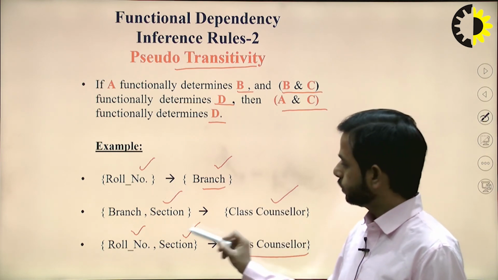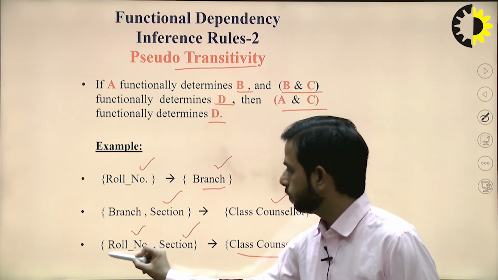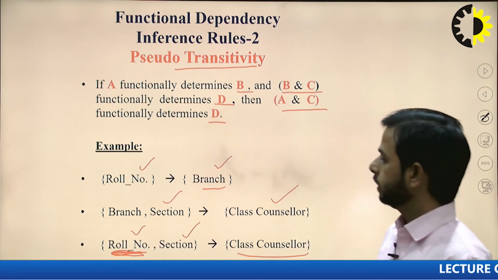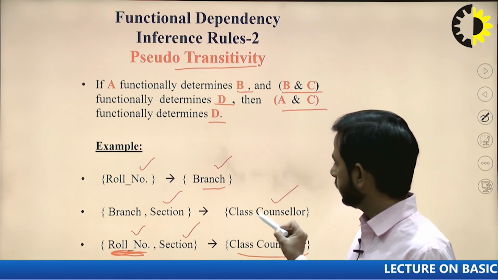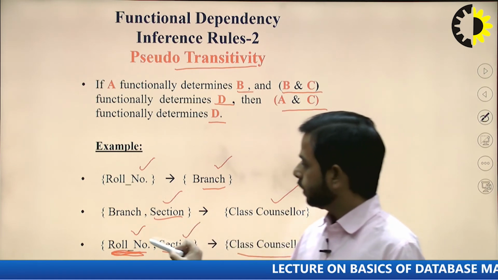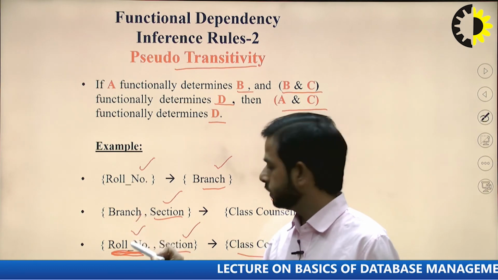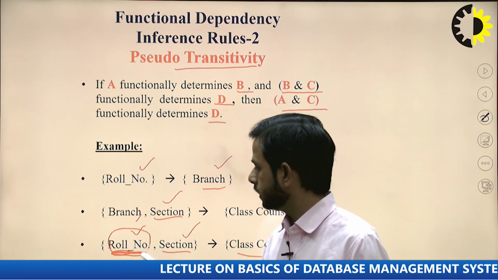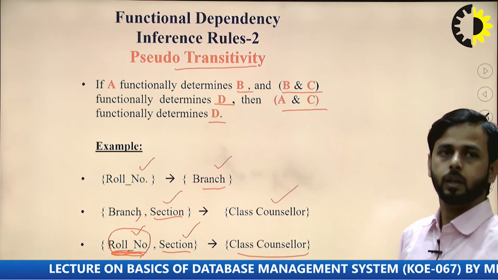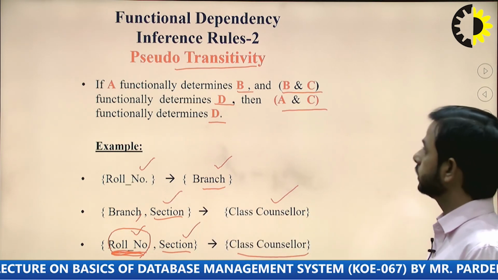So implicitly this branch is included in roll number itself. To identify class counselor I need section, so section is present, and we require branch, but branch is available through roll number. So this is pseudo transitivity.